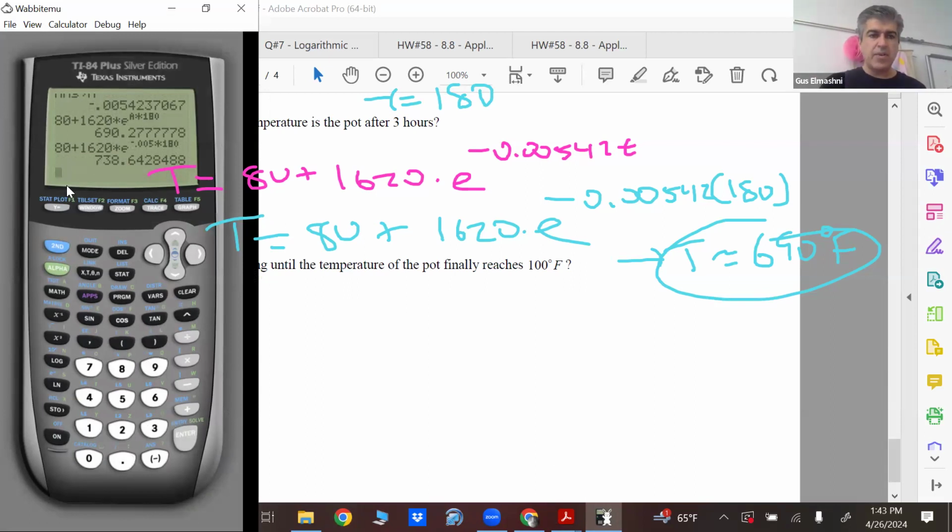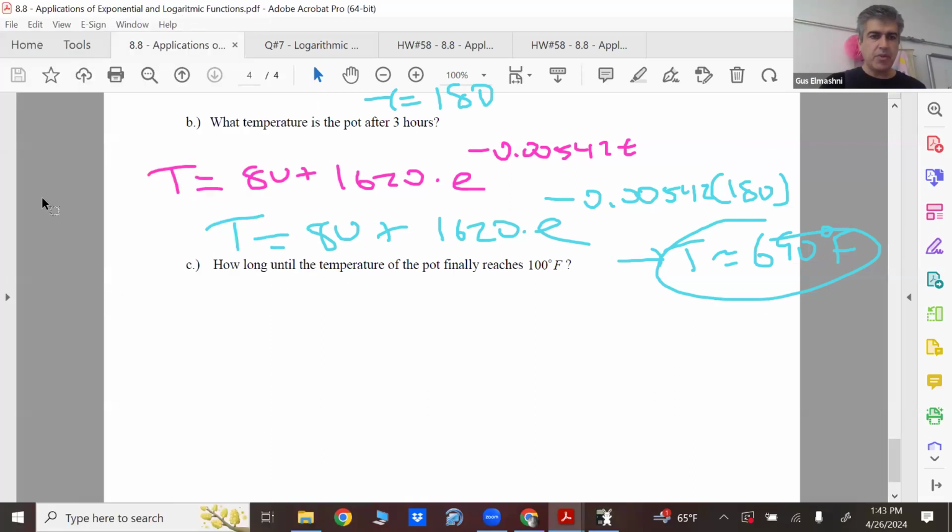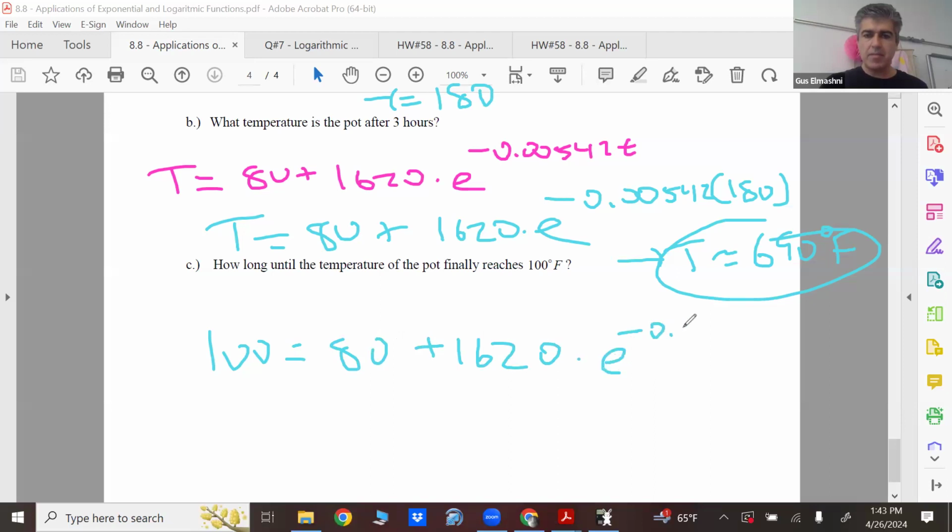So when does it cool down to 100 degrees Fahrenheit? So we're gonna say 100 equals 80 plus 1620 times e^(K t). So you subtract the 80 and simultaneously divide by 1620. I'm just combining some steps, guys, in the interest of time.